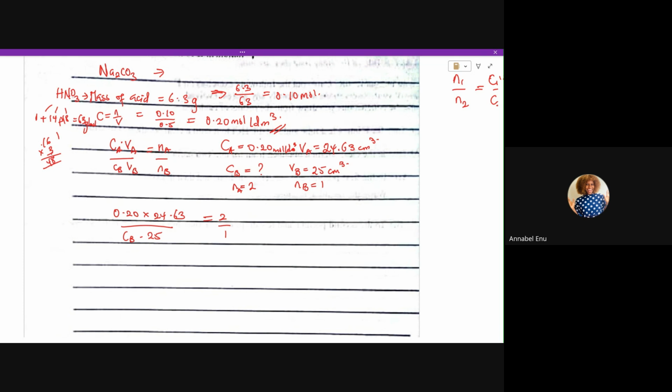Okay, so when we calculate this and cross multiply, then tell me your answer. Yes, what's your answer? Is anyone calculating?